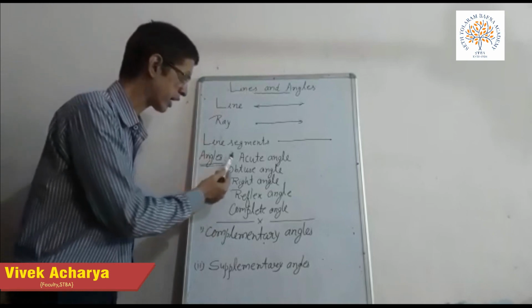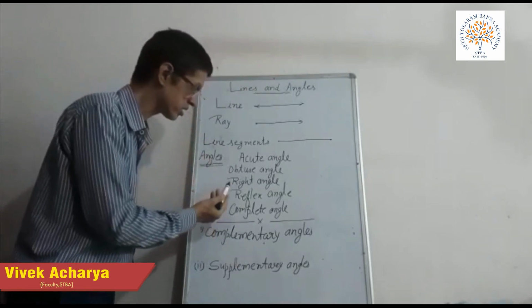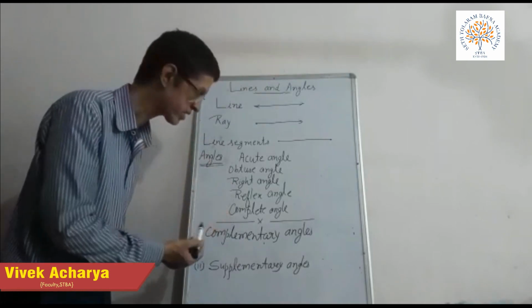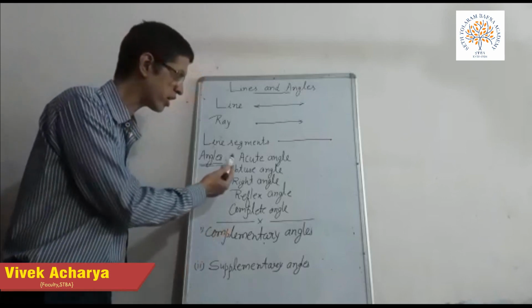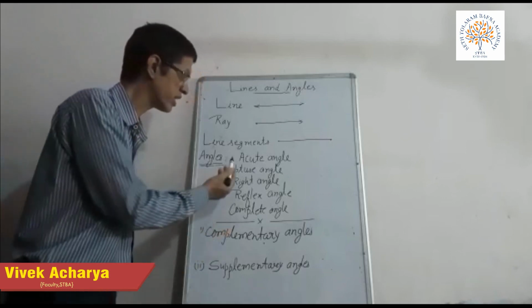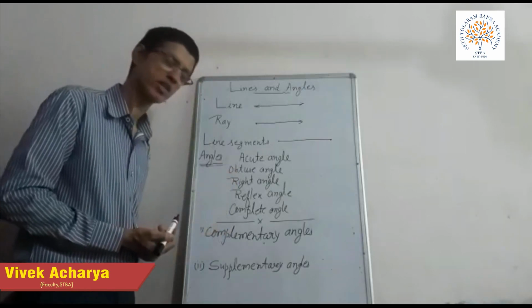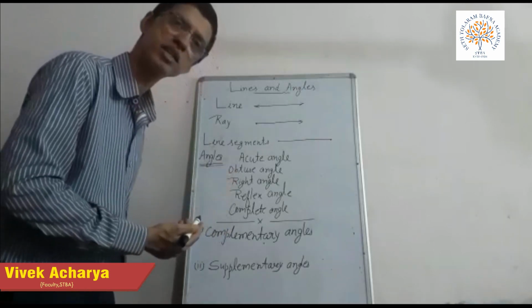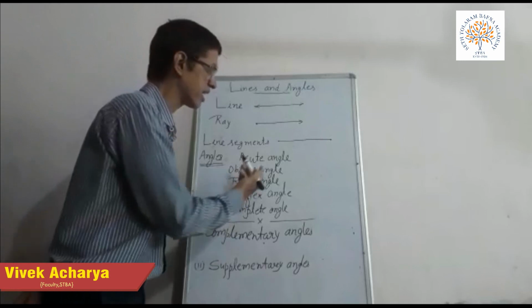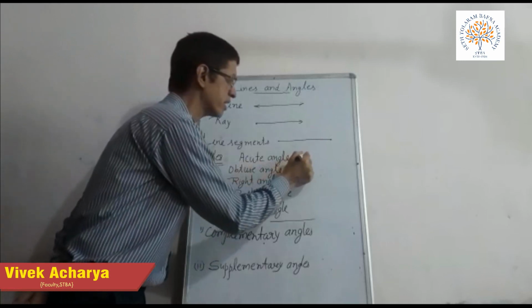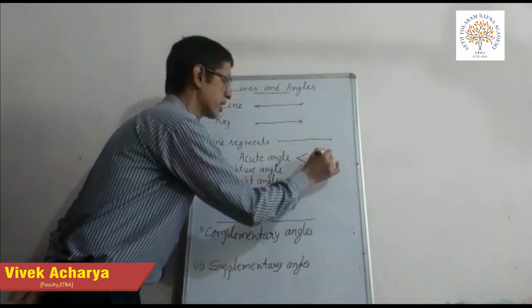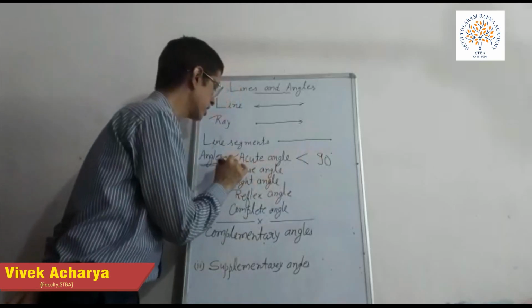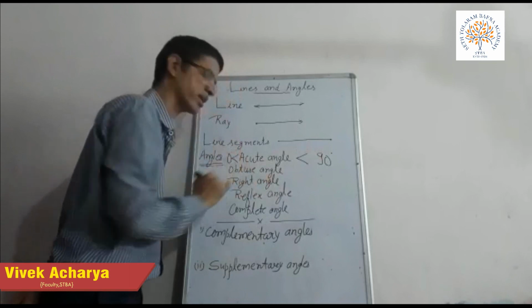These are acute, obtuse, right, reflex and complete angles. According to their values, first, acute angle. An acute angle is an angle which is less than 90 degrees and more than 0 degrees.